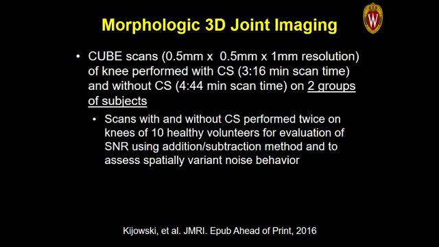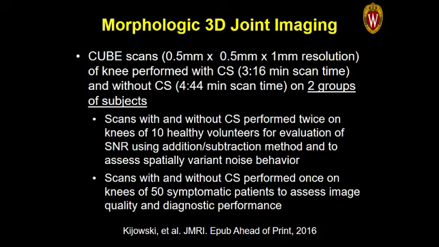One group consisted of 10 healthy volunteers in which the compressed sensing and non-compressed sensing scans were performed twice for evaluation of signal-to-noise ratio using the addition-subtraction method, which is recommended for sequences using parallel imaging, and also to assess spatially variant noise behavior, a technique previously used to assess signal-to-noise ratio when using compressed sensing acceleration.